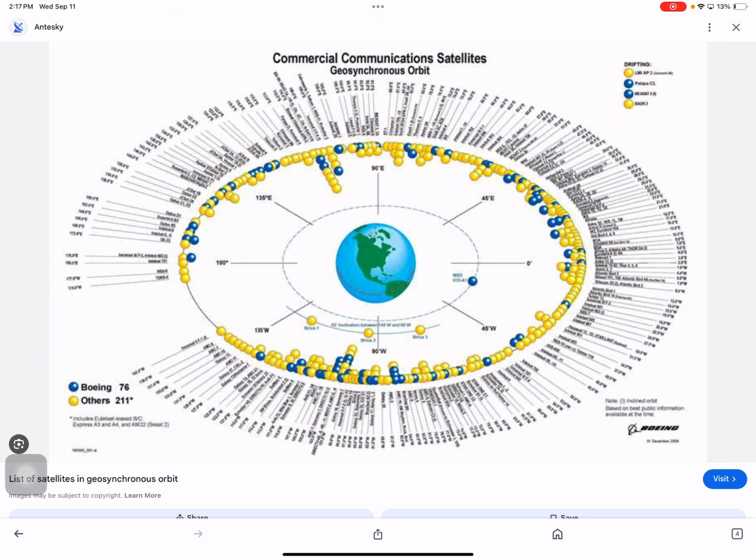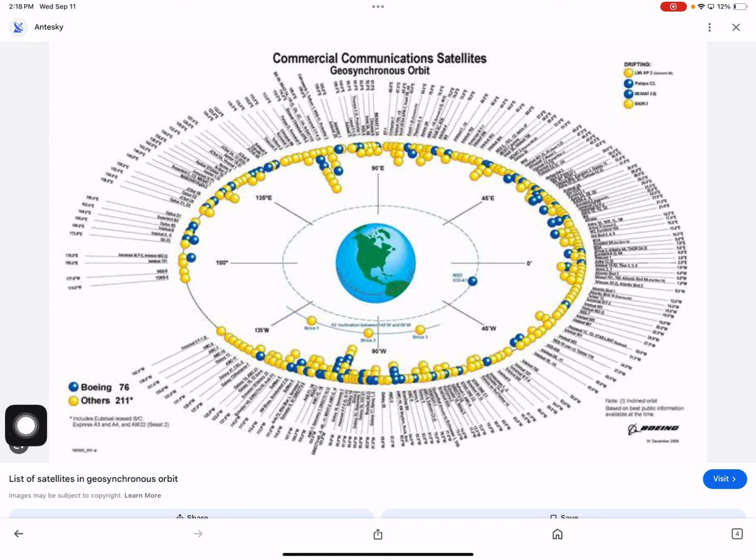In the old days it used to be 1 degree apart, but now they park them half a degree apart, so there are 720 parking slots. If you talk in different bands, you can park satellites into them.